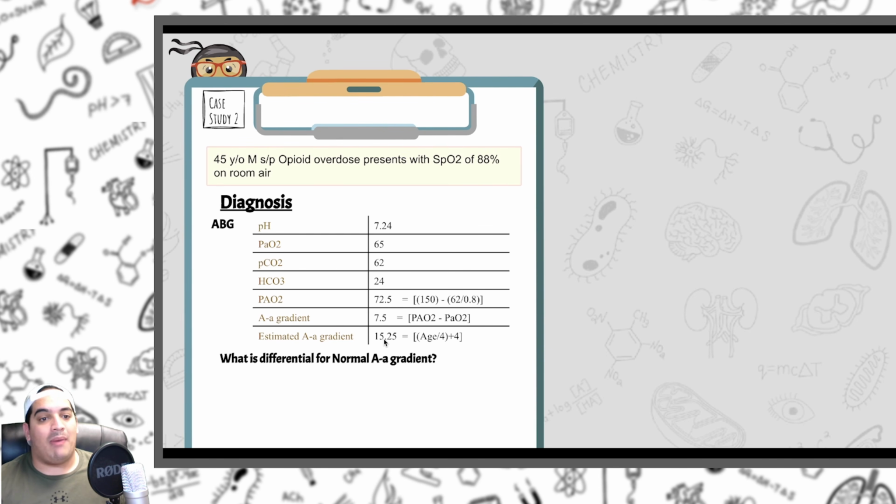Or it could be due to a myopathy, so muscular dystrophy, or even sometimes weakness or fatigue of the muscles. In other words, the patient's been breathing heavily and fast and deep for a long time, and those muscles are fatiguing out because they can't maintain this high respiratory rate. So those would be things to think about as a potential etiology here for this patient.